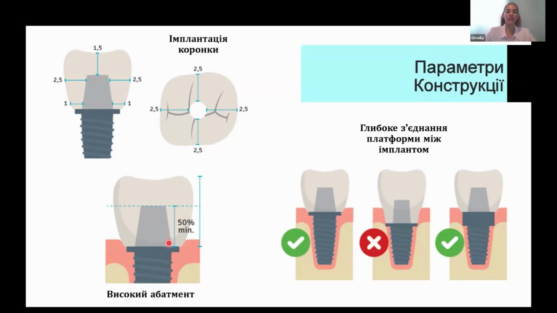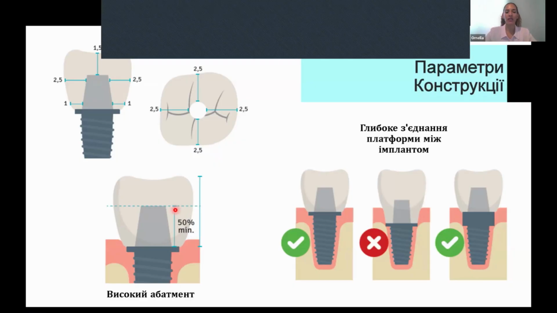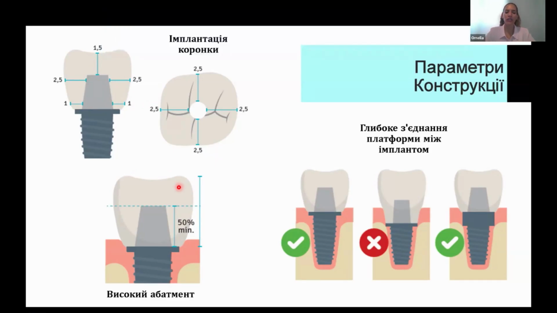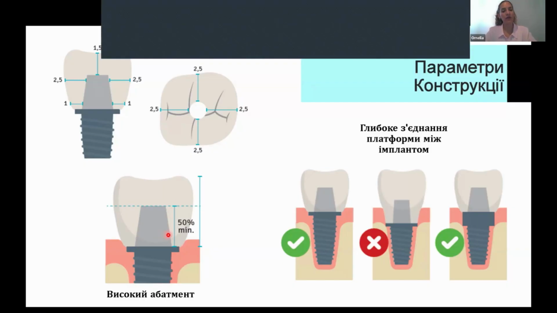I need to cover, as you can see in the image, minimum 50% of the height of my G-CAM graphene prosthetic. Why? Because I need to find stability between both materials. The titanium is not going to flex. The graphene has the capacity to flex. So if I have a very low T-base, the issue that I could find in my restoration is a debonding issue, and I don't want to find this situation. So it's important to cover minimum 50% when I am designing.